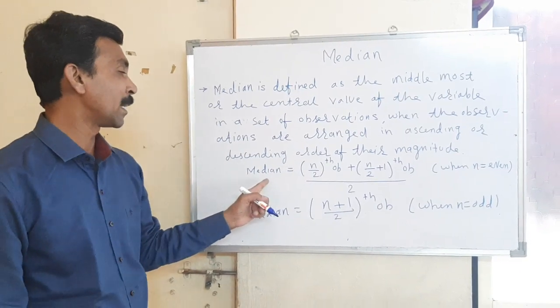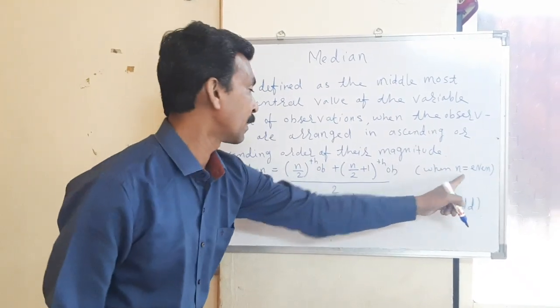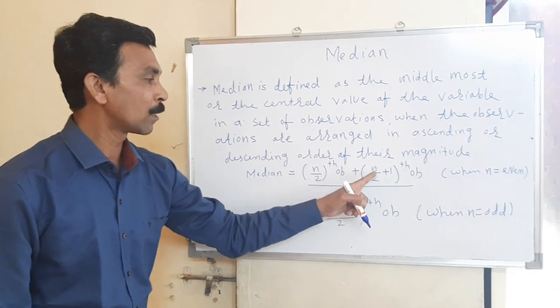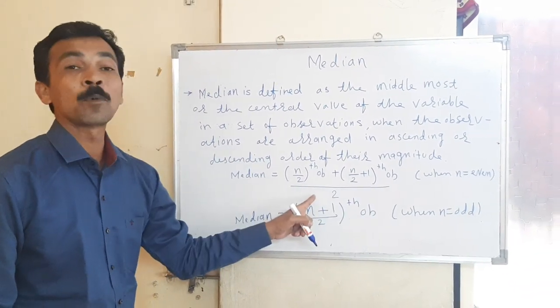The formula for finding median when the number of observations is even is: median is equal to the n by 2th observation plus the n by 2 plus 1th observation, upon 2.